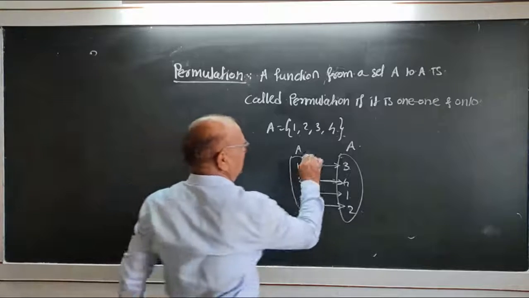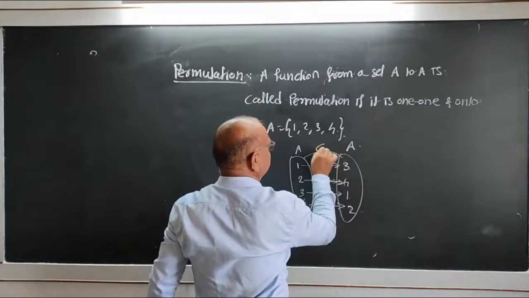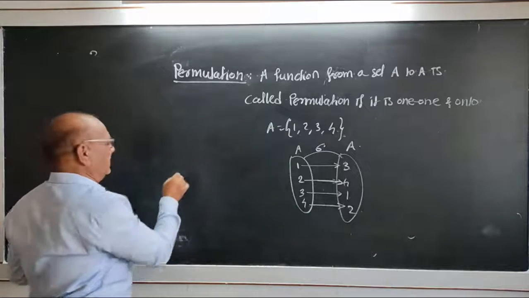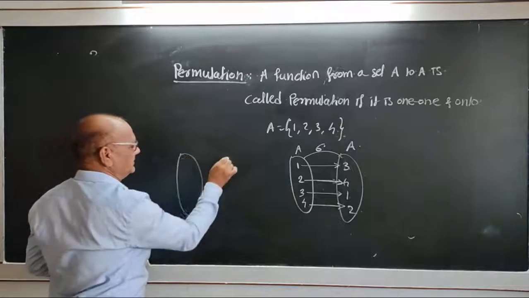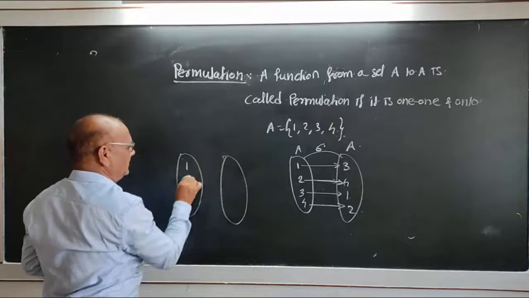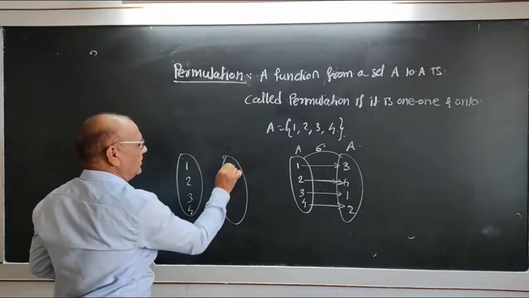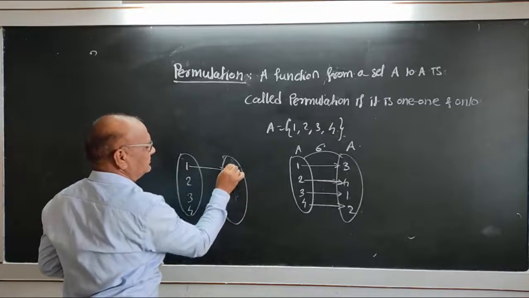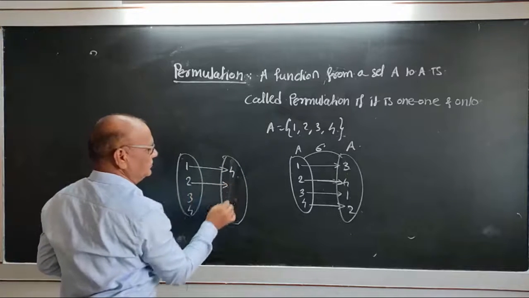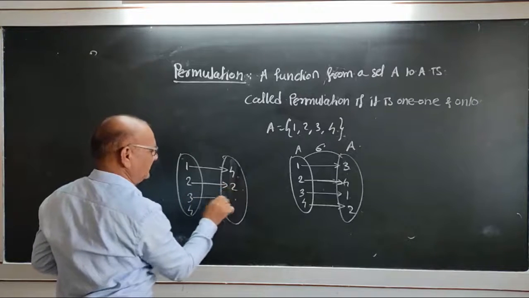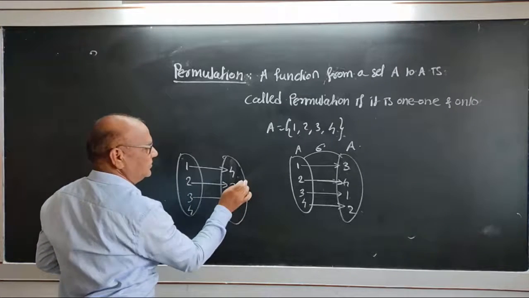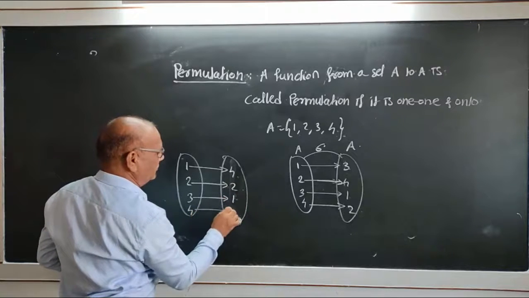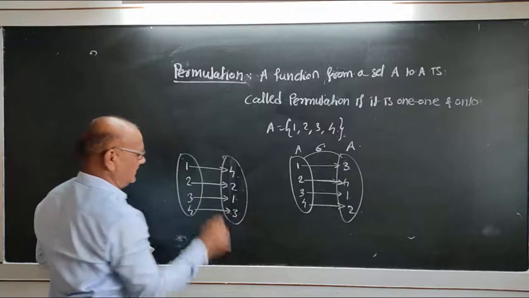Suppose it is denoted by sigma. Another permutation, or another function on 1, 2, 3, 4: 1 goes to 4, 2 goes to 2, 3 goes to 1, and 4 goes to 3.